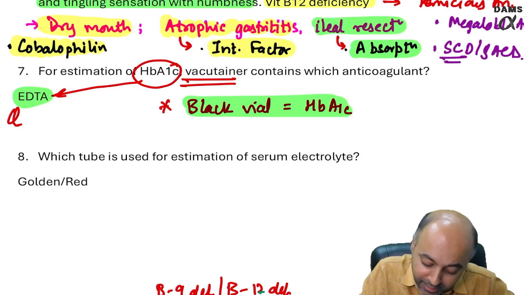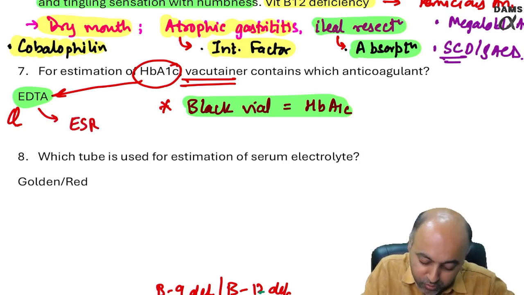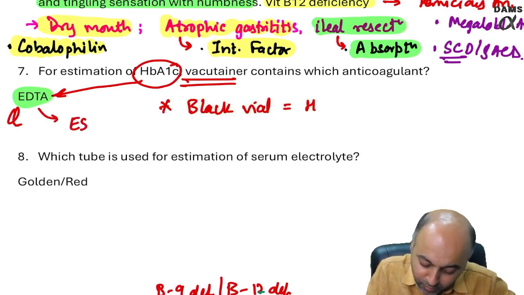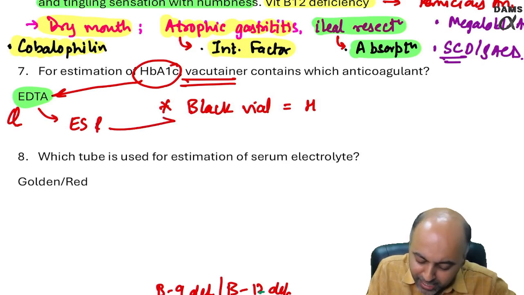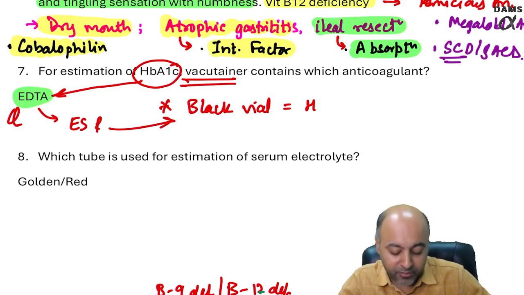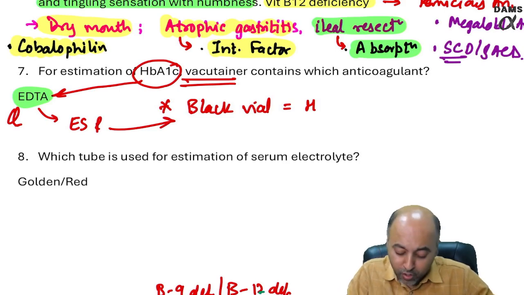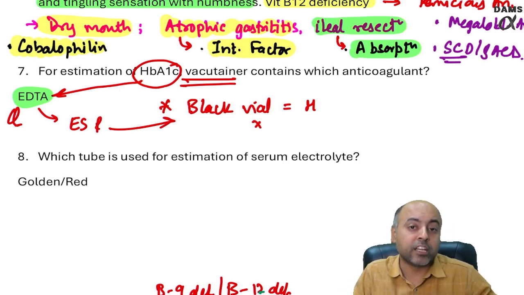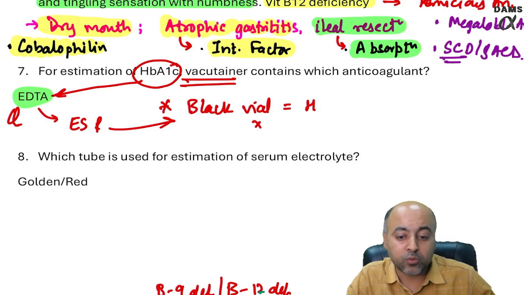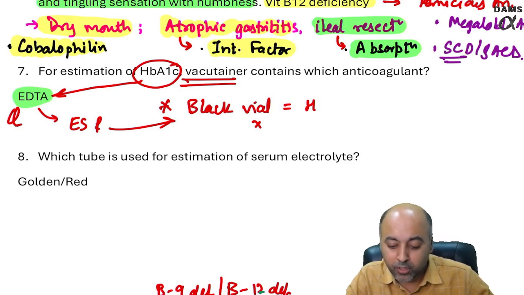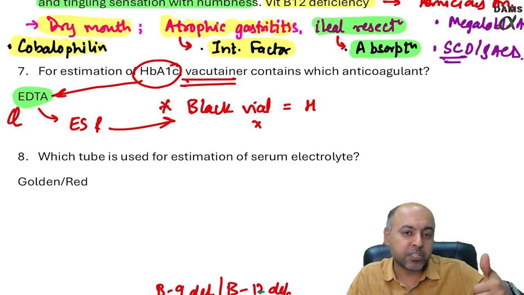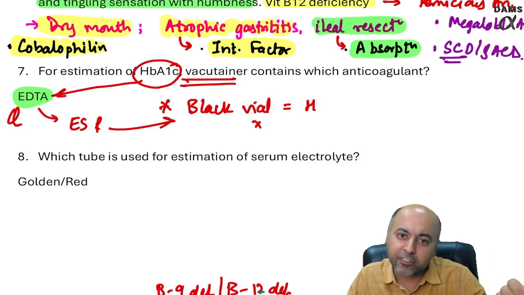Please also note that the lavender top vial is also used for the estimation of ESR. Oh, I'm so sorry. The black vial was for ESR. The black vial for ESR, HbA1c for lavender top, and now we are not using the black vial for ESR. Now we have shifted from the black vial to the lavender top vial. So only for HbA1c, lavender top vial, and for ESR, lavender top vial.